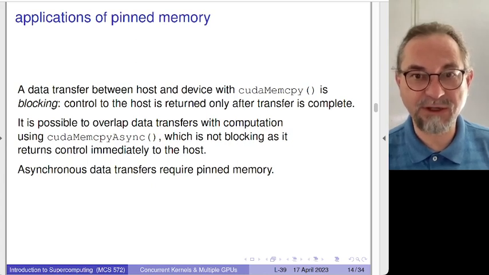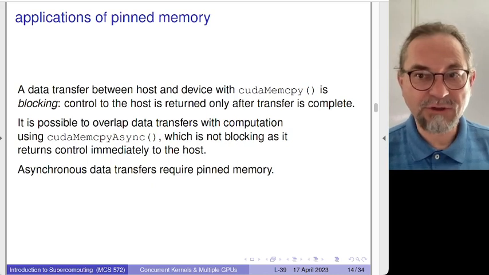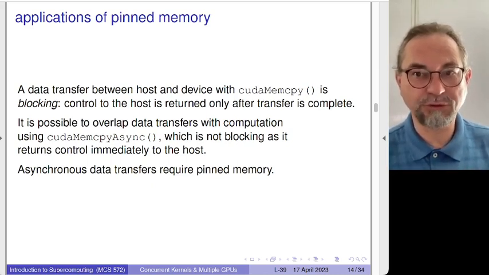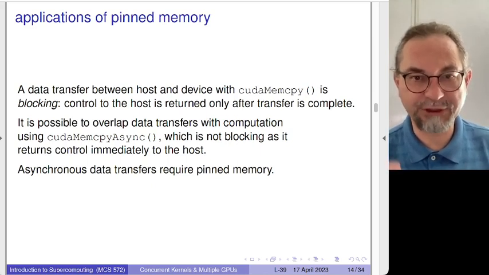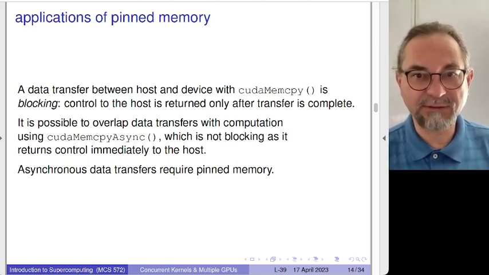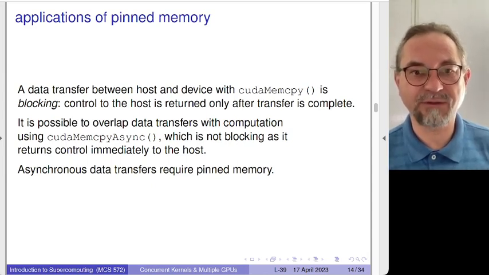So in some sense, the CUDA mem copy is a blocking data transfer. So you suspend the control of the host thread, the main thread of the host which executes this, and that thread is suspended until the entire transfer is complete.